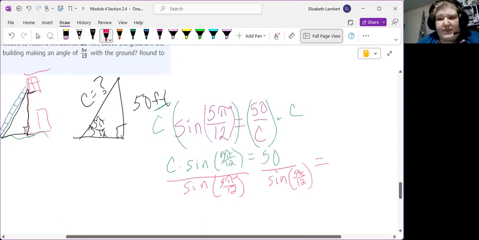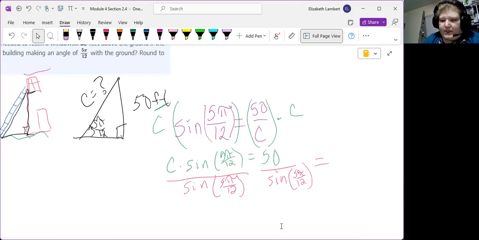So now we get to see if OneNote will do trig functions. And it won't because it can't do pi. So now we get to see if I can make my phone do it. So 50 divided by the sine of 5 pi over 12.